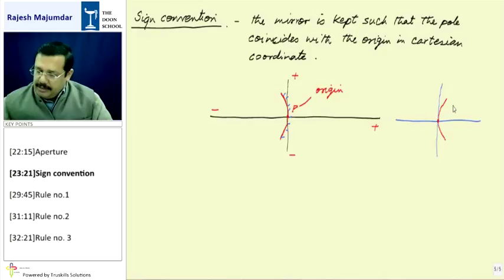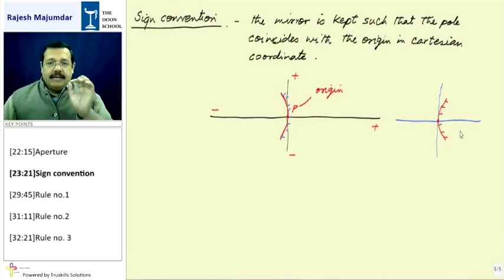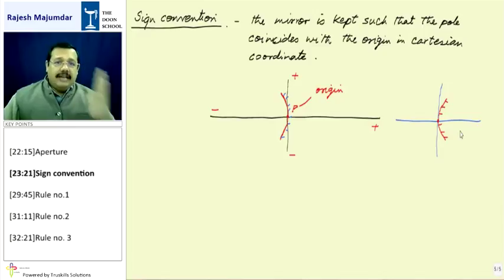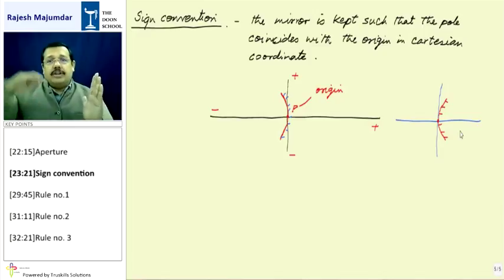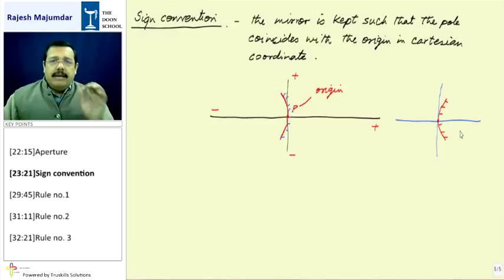This is the polished side, and the front side will be reflecting. Remember, I have drawn this diagram intentionally in such a way that the reflecting side is on the left and the polished side is on the right. In ray optics, it is extremely important that you follow the sign convention. If you don't follow the sign convention, then problems, numericals will throw wrong answers, and you have to be very, very careful about it.